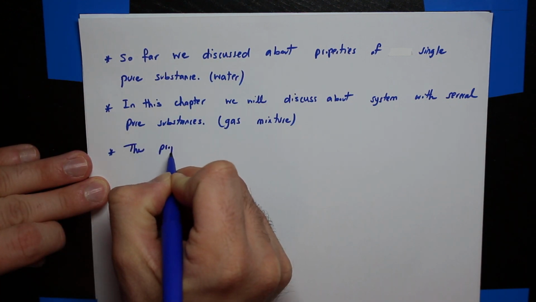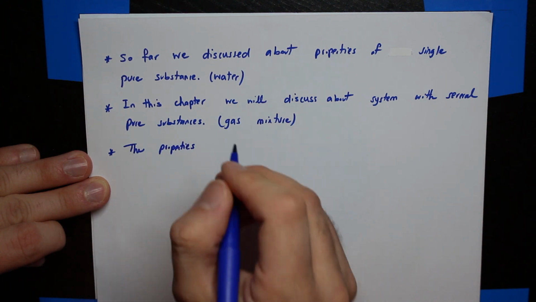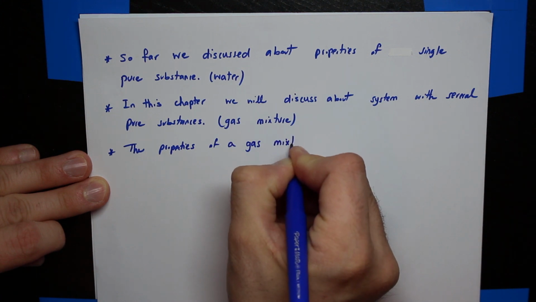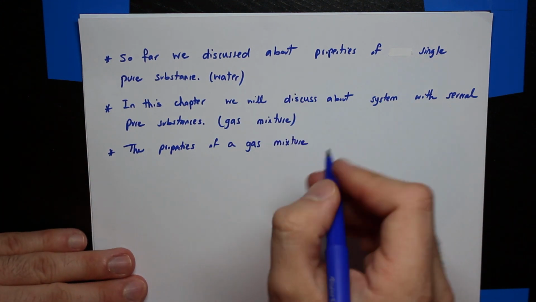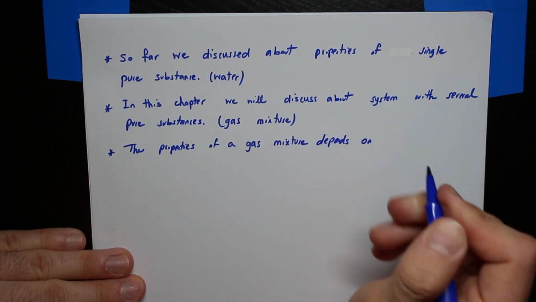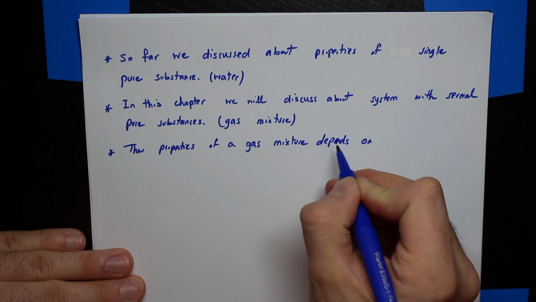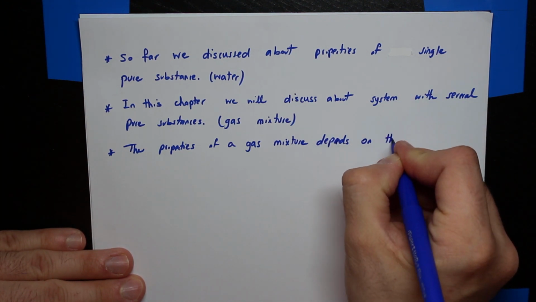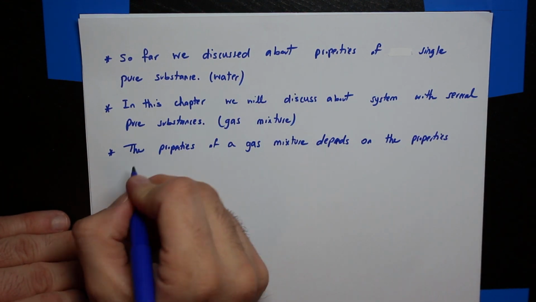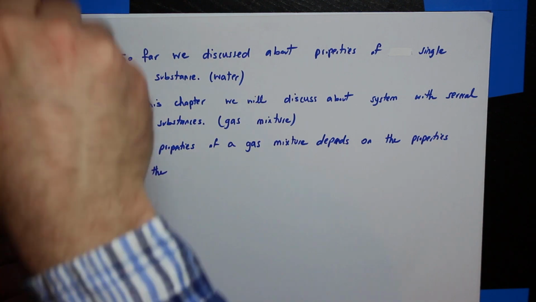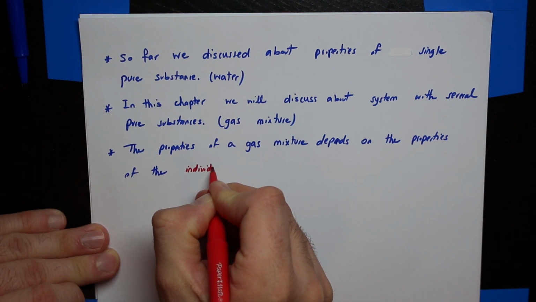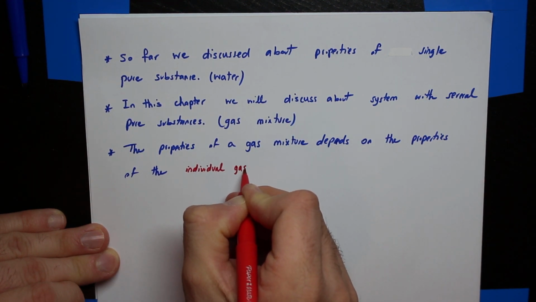So the properties of a gas mixture depend on the properties of the individual gases.